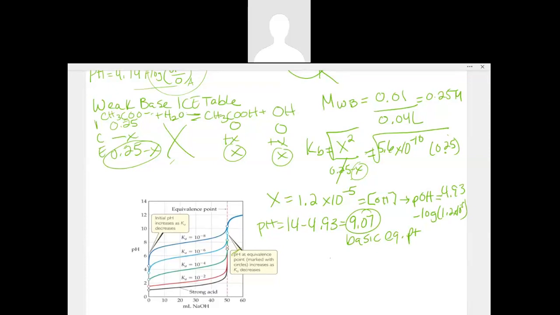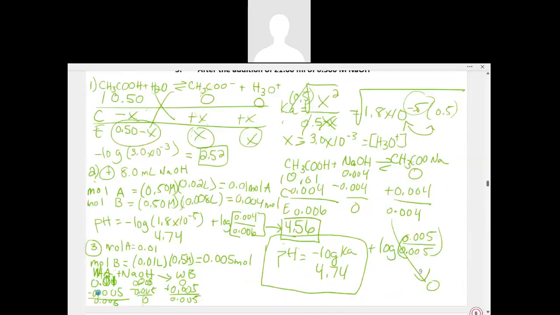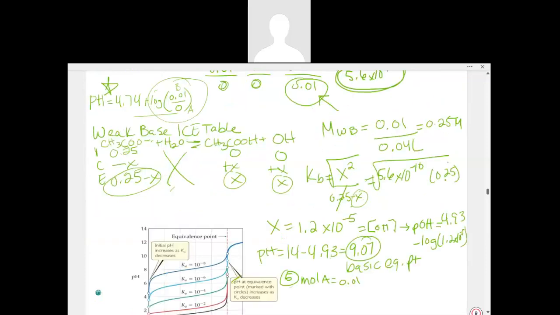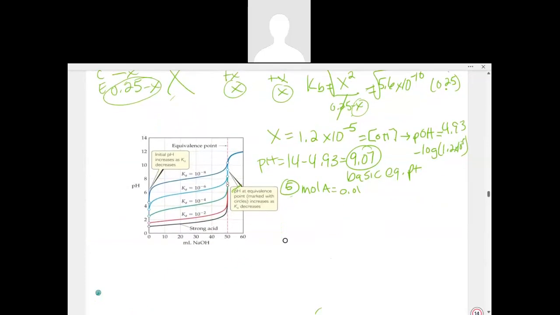Let's take a look at the conditions for part 5. We know we have the same amount of acid. Moles of acid is always going to be 0.01. Now we've added 21 milliliters of our 0.5 molar sodium hydroxide. So for moles of base, we have 0.021 liters times 0.5 molar, which gives 0.0105 moles of base. We're going to use this in our ICE table.